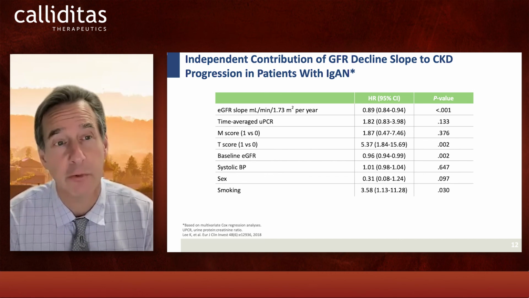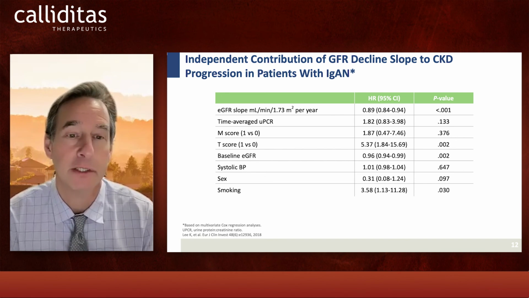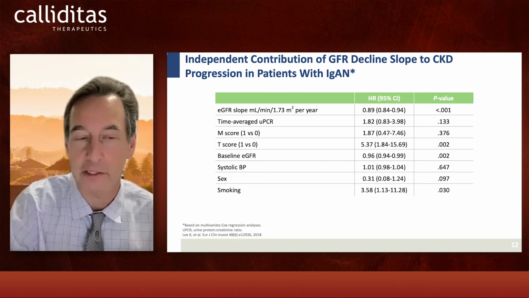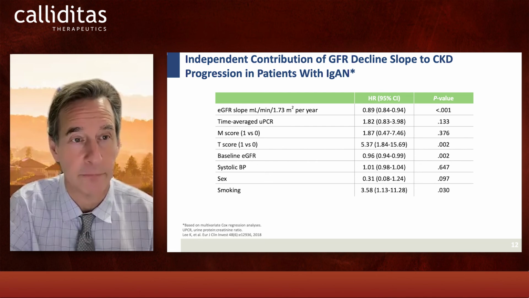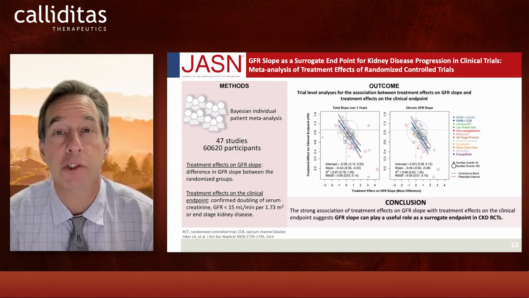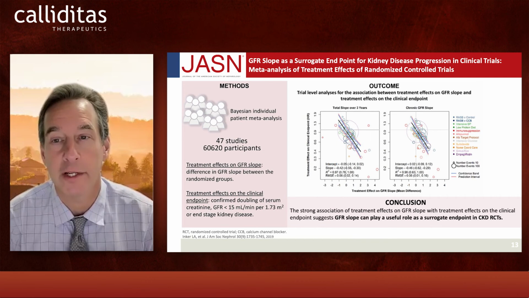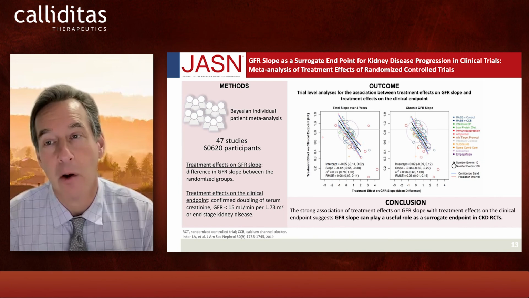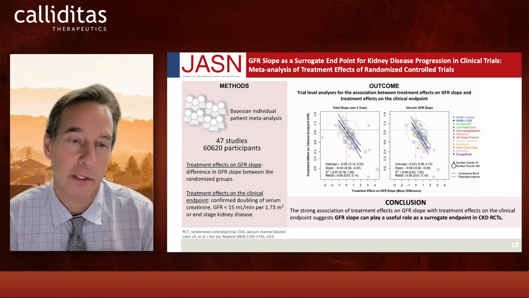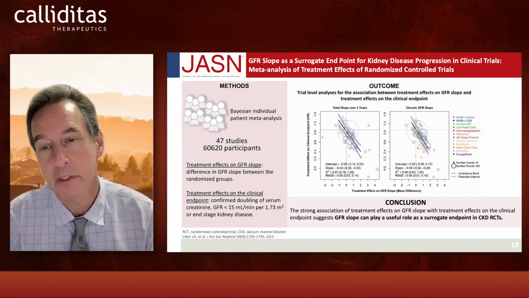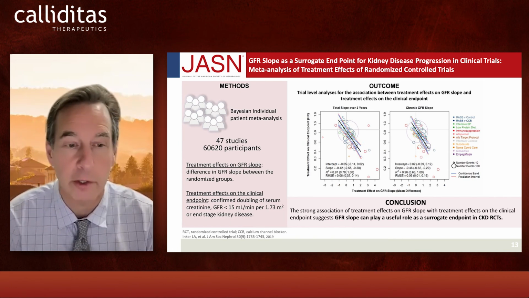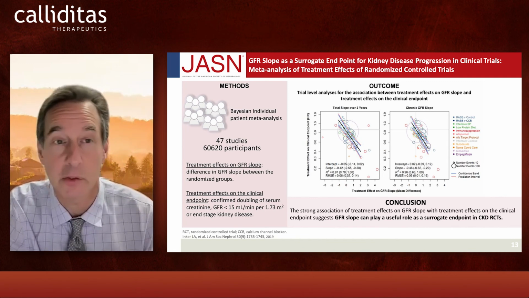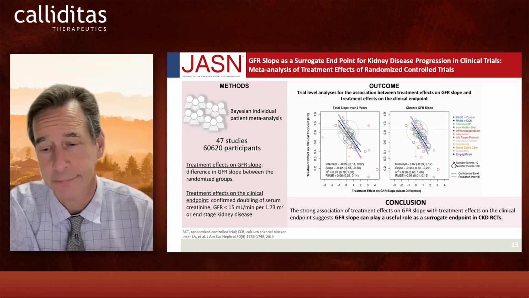So really changing kidney function early is going to predict changing kidney function throughout the study and through patients' lifetimes most strongly. And in fact, this has also been shown in general for chronic kidney disease, that treatment's effects on GFR slope is a powerful, predictable way to predict longer-term outcomes of dialysis, transplant, or 40 or 50% reduction in kidney function throughout chronic kidney disease randomized controlled trials.